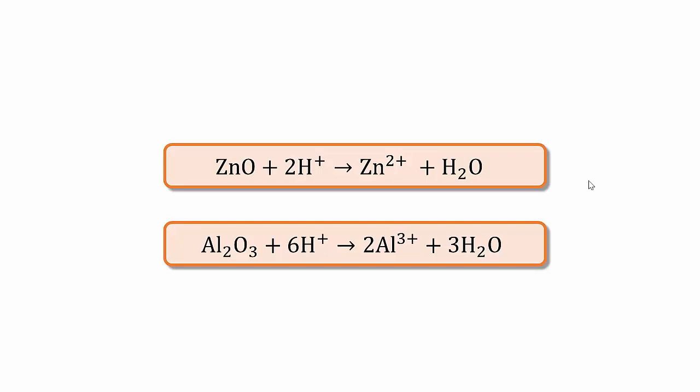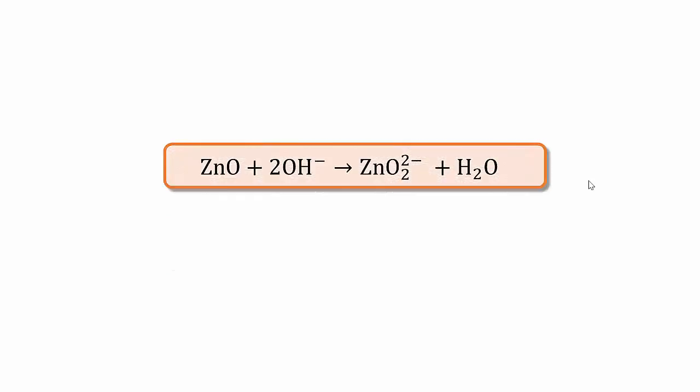Looking at the other example, if we have a reaction with a hydroxide, this is a basic substance, so it's going to act as an acid. Now, we said before that acidic oxides react with hydroxides to form an oxyanion, so like carbon dioxide formed a carbonate.